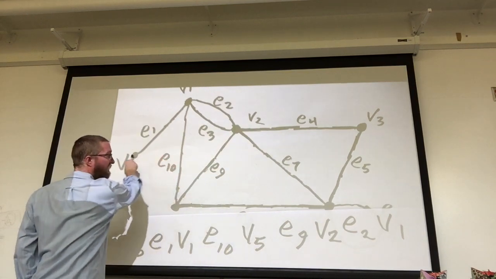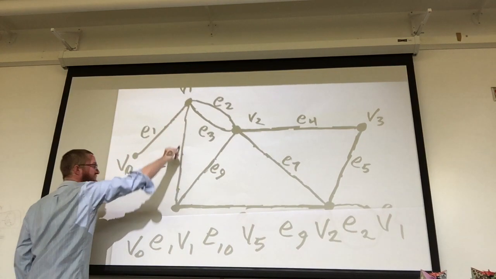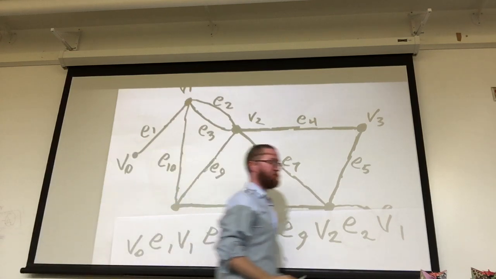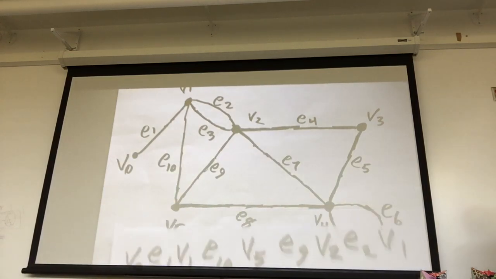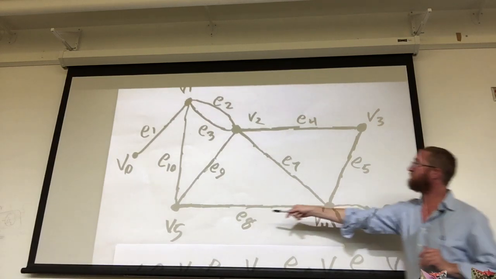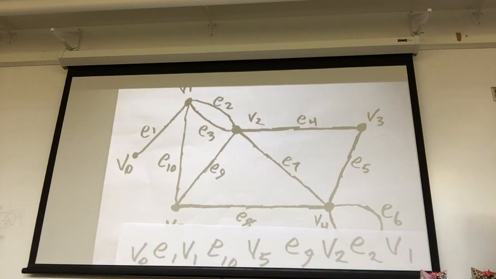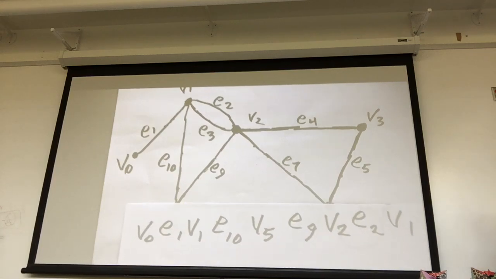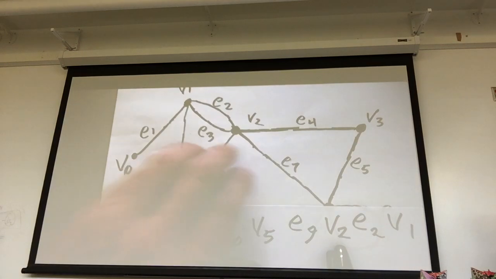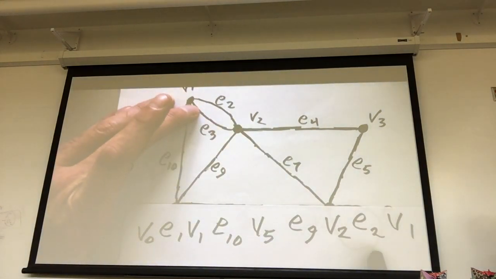Okay, V0 is taking E1 over to V1. V1 is taking E10 down to V5. And then from V5, we're going up E9 to V2. Then from V2, E2 is going to map over back to V1.